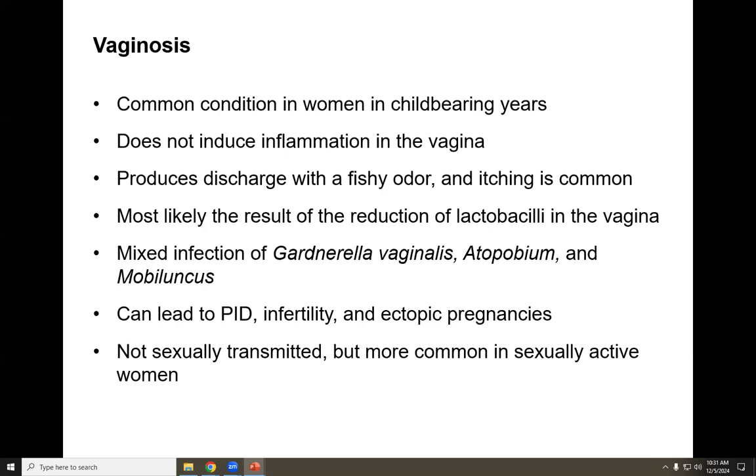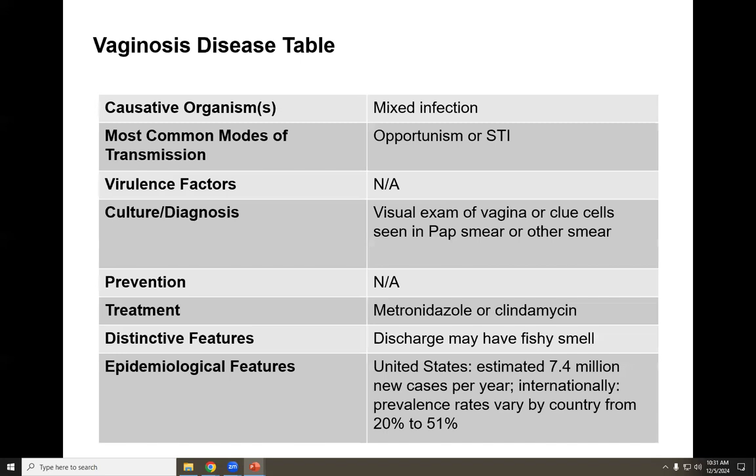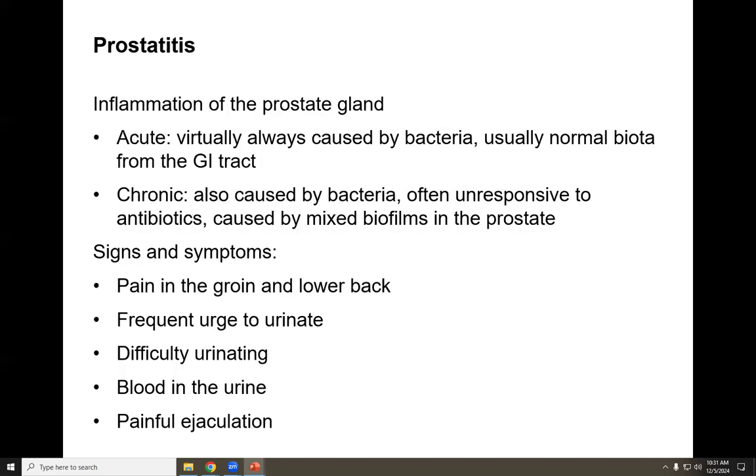This is often caused by overwashing with harsh detergents, so you don't want to disrupt your biome too much, wrong pH of cleansers, or poor hygiene, so that we're not maintaining the proper levels of your flora, as well as introduction of new microbes from sexual contact or close contact with others. So BV is an overgrowth of non-lactobacillus bacteria.